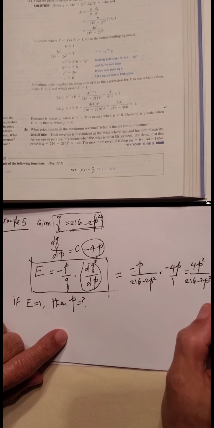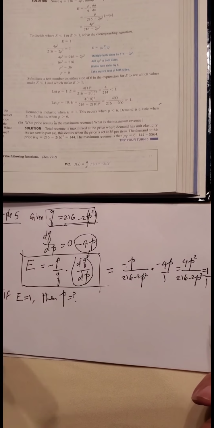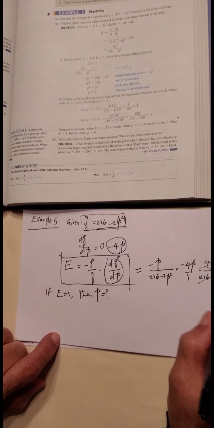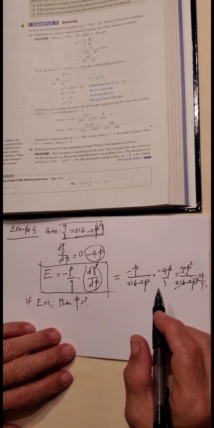When that's equal to 1, how do we solve it? One way is to multiply both sides by 216 minus 2p squared, or simply cross multiplying. That's the best way. 4p squared times 1 would be 4p squared, equal to 216 minus 2p squared.